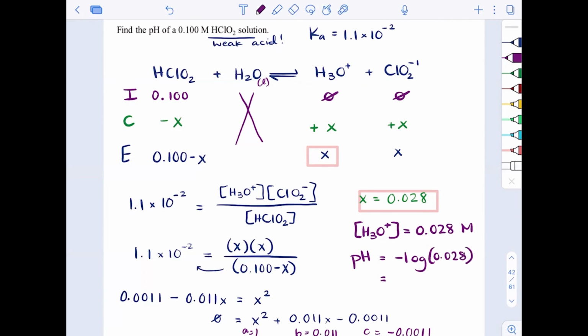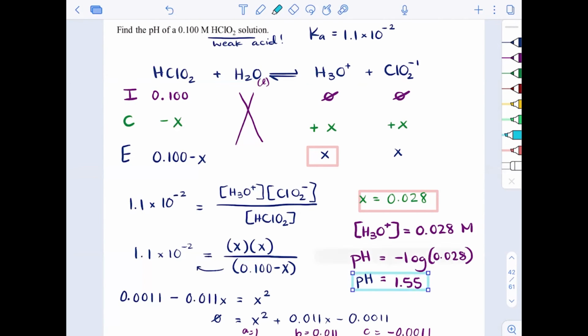And so, what do we get? Type it out. 1.55. There is our pH for our weak acid solution.